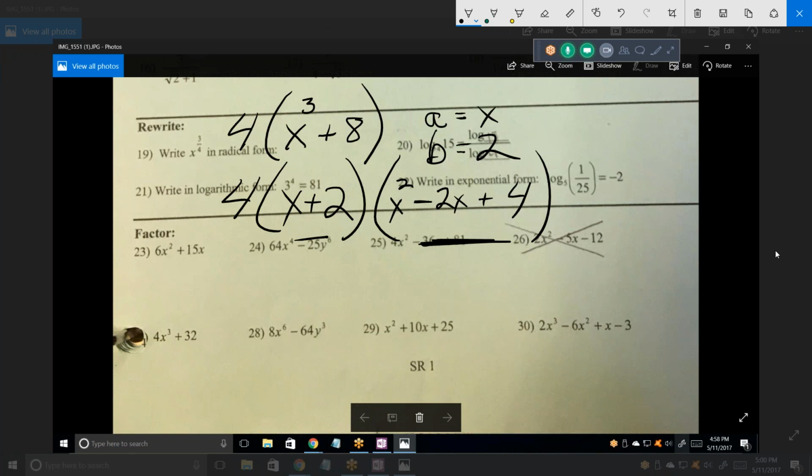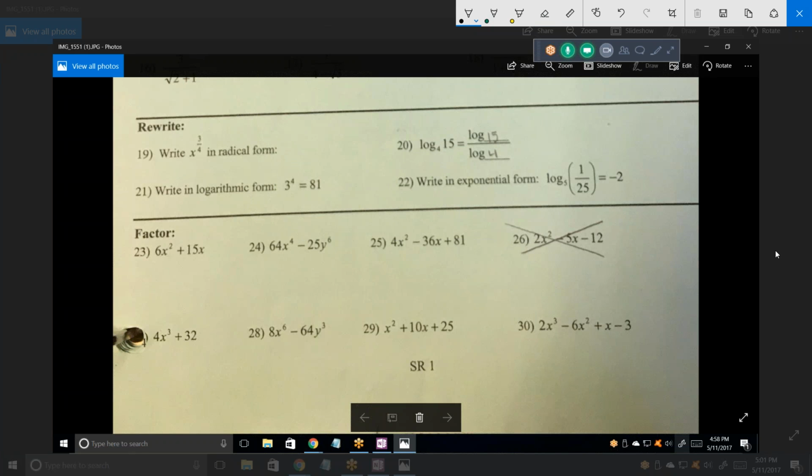You don't need to waste any time trying to factor the quadratic. It will never ever factor, not if we've started with the sum of perfect cubes or the difference of perfect cubes. Either one, it'll not factor. Okay?